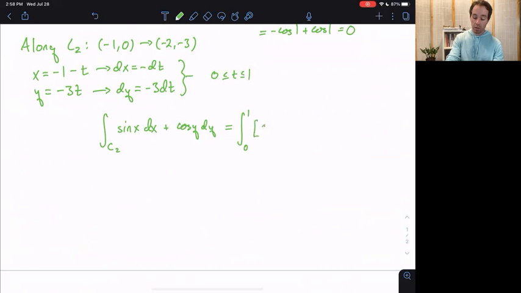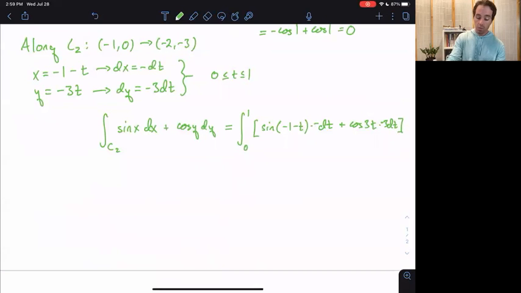That'll be sine of negative 1 minus t, dx. dx is negative dt. So this is times negative dt, and then plus cosine of y, which is cosine of negative 3t. Well, remember, we just used the evenness of cosine before, so I'm going to use it again. This is really cosine of 3t, right, by evenness. And then times dy, so times negative 3 dt.